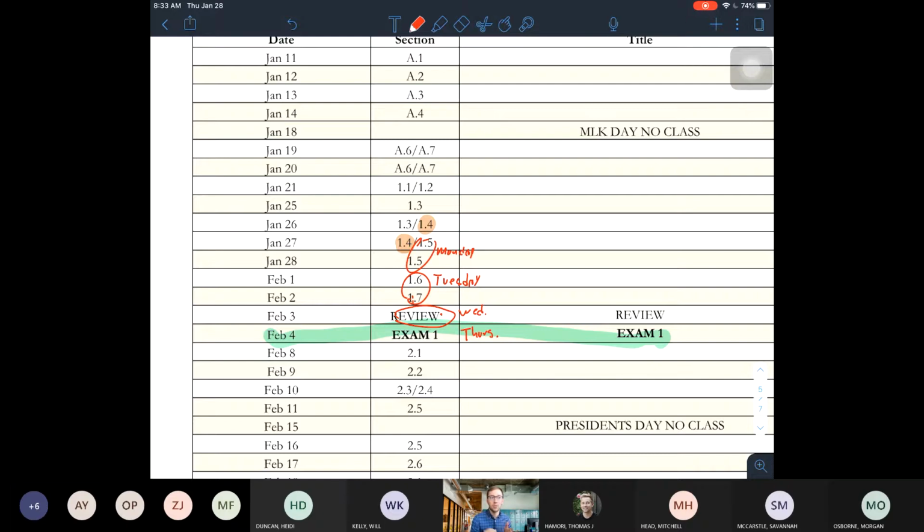It's designed to give you a flavor of what the exam will be like, but the actual content of a 5 to 7 question exam can't really cover everything that we've done so far.